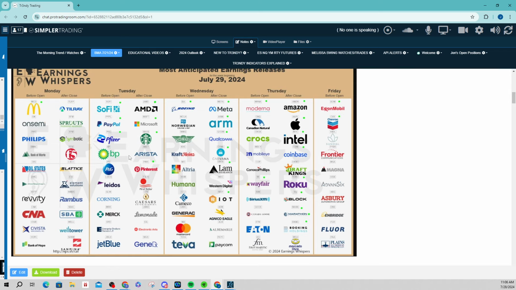A couple things to note really quick. I do have Pfizer long-term LEAPS that we started about a week and a half ago, and they were close to already being up about 40%, which is pretty awesome. If you liked this trade and you happen to get into this trade, just know that they are reporting, and that could definitely have an impact on that position that's already looking great.